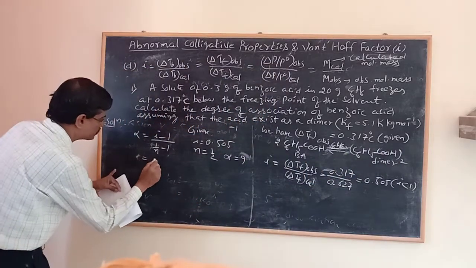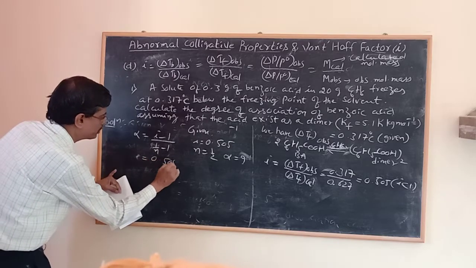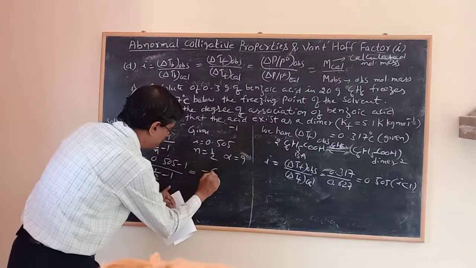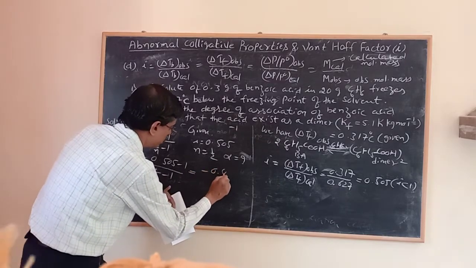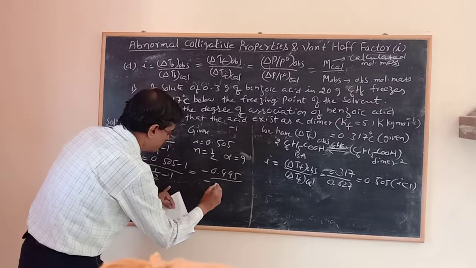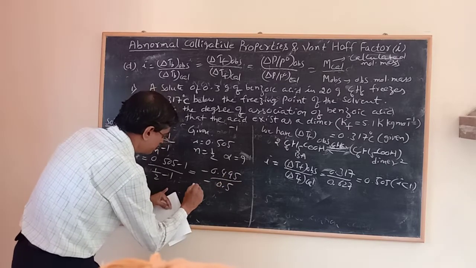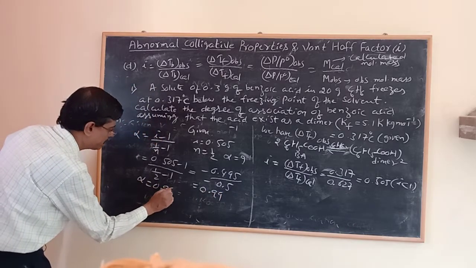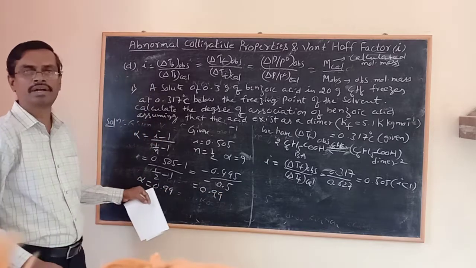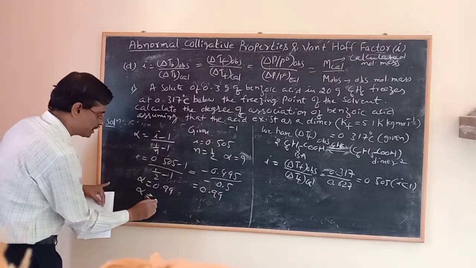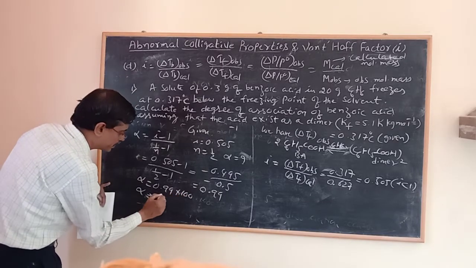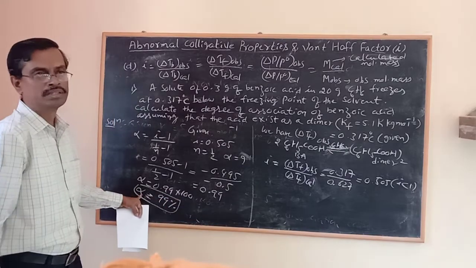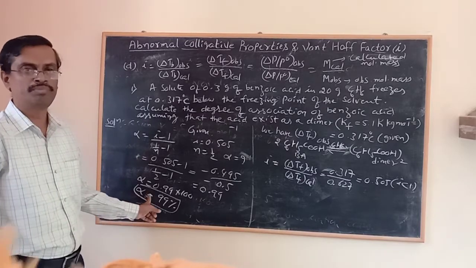By putting the values, (0.505 minus 1) by (1/2 minus 1), which is equal to minus 0.495 divided by minus 0.5. By simplification we get 0.99. Alpha is equal to 0.99, but alpha is always expressed as a percentage. We multiply this by 100, we get 99%. That means 99% is the degree of association of benzoic acid.